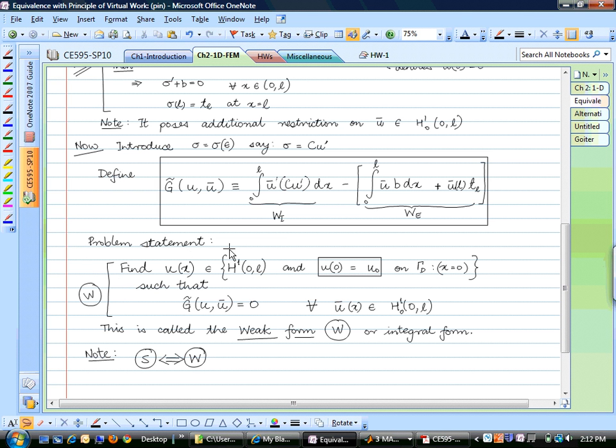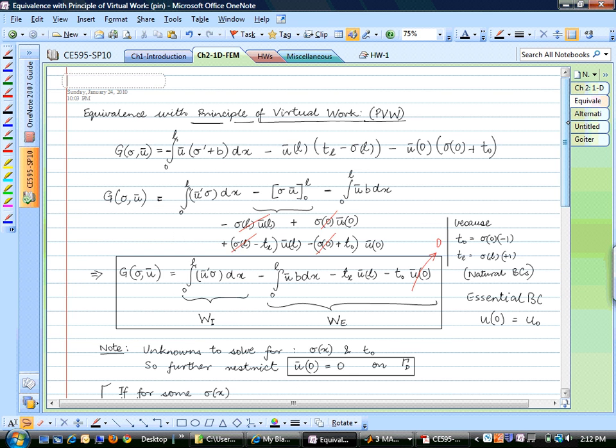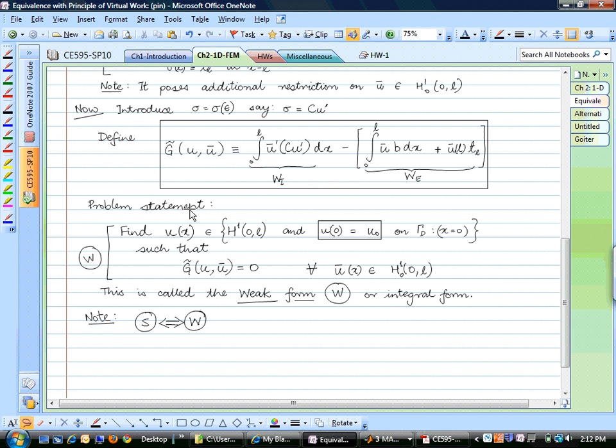So finally we can state the problem in this way. We started out with the strong form right here. This was the governing differential equation and boundary conditions. We did some algebraic manipulations, and we end up now with this equation. We're saying that the problem is: find a function u, where u is the real displacement. This function u has to be in the space H1, meaning that if you take the derivative of u, that derivative has to be square integrable.